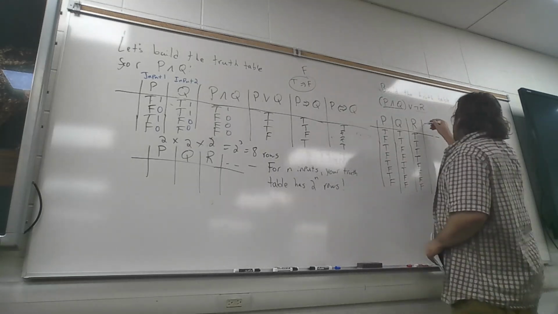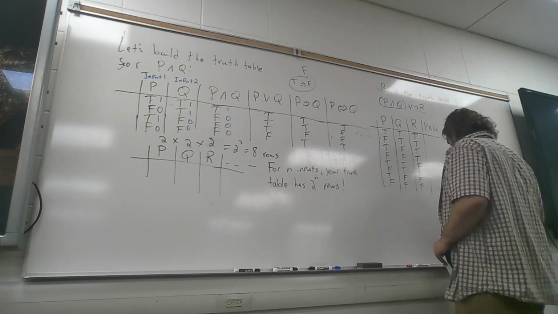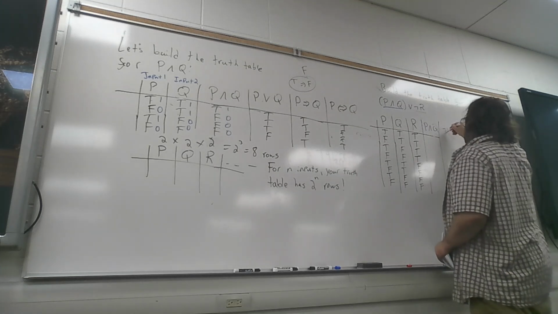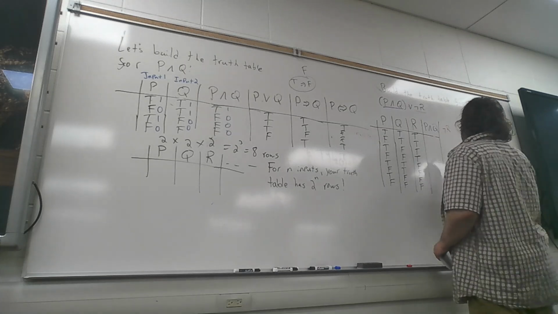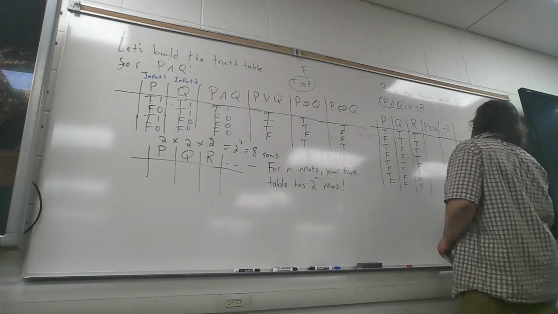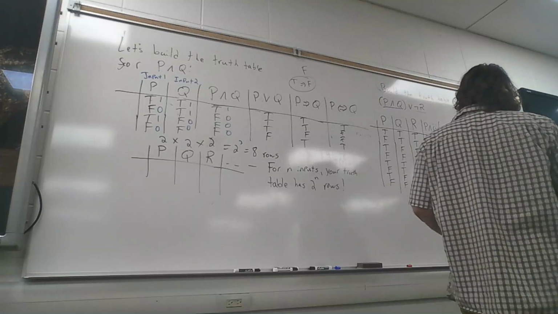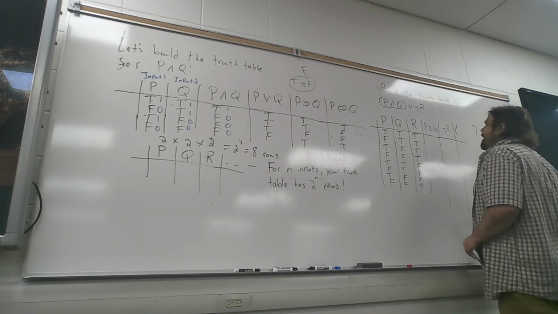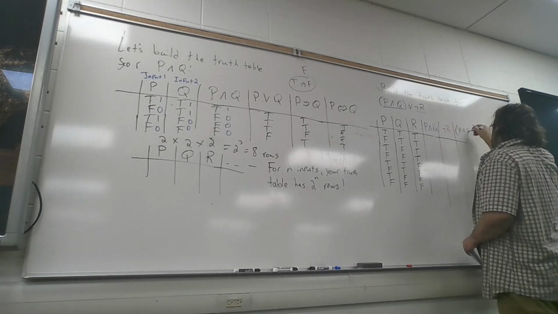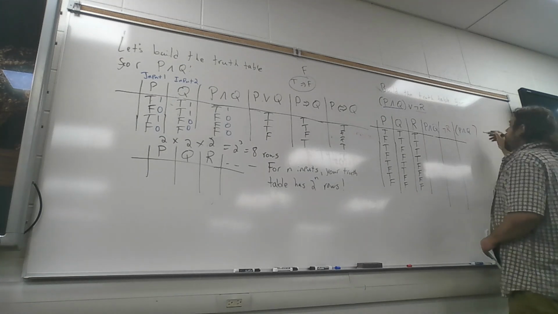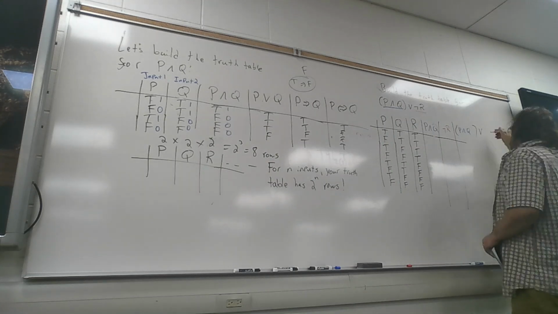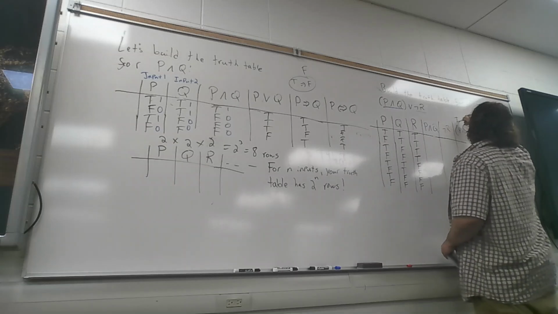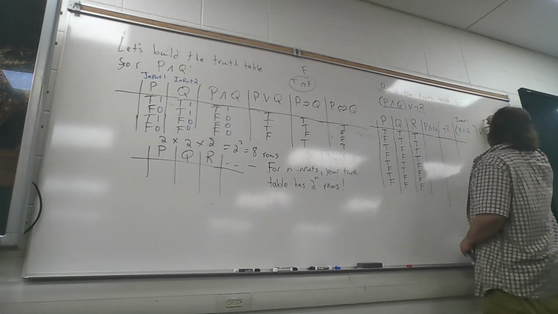So we can just write these down individually: P and Q, not R. Right? And then once we have that, we form the full compound statement. So that would be P and Q or not R. And we see this is input 1, and this is input 2.